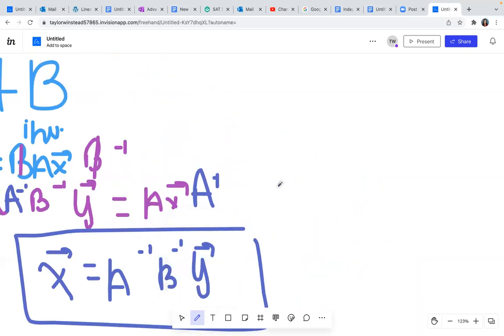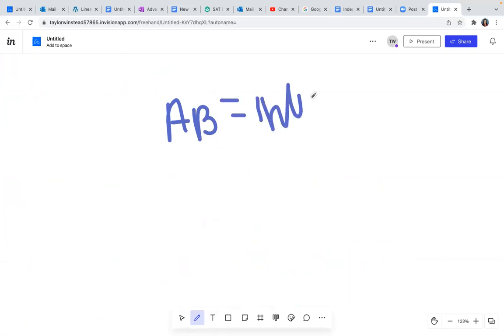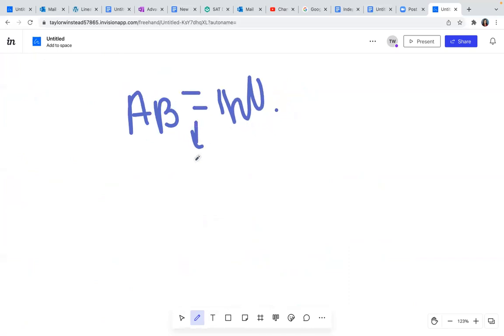So that leads to a theorem. A and B are invertible. And what that means is that BA, first of all, is also invertible.